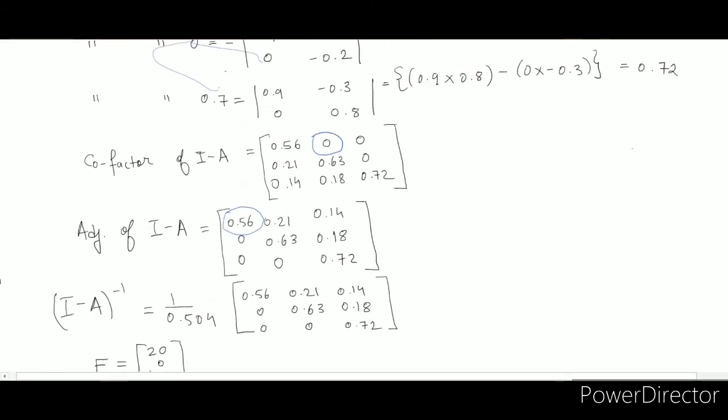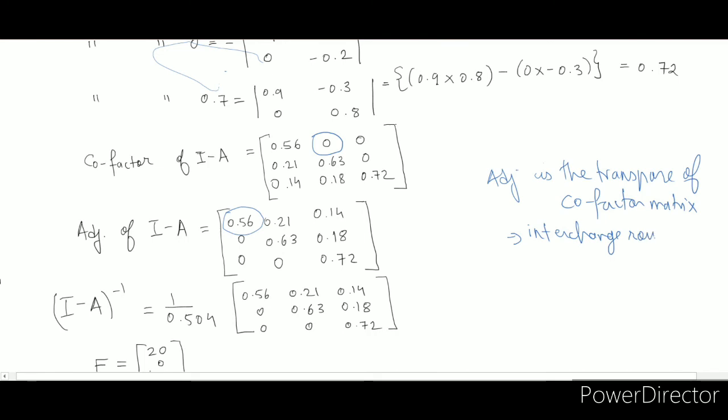So if you look here, for this cofactor matrix, the adjoint matrix is nothing but the transpose of the cofactor matrix, which means columns become rows and rows become columns.